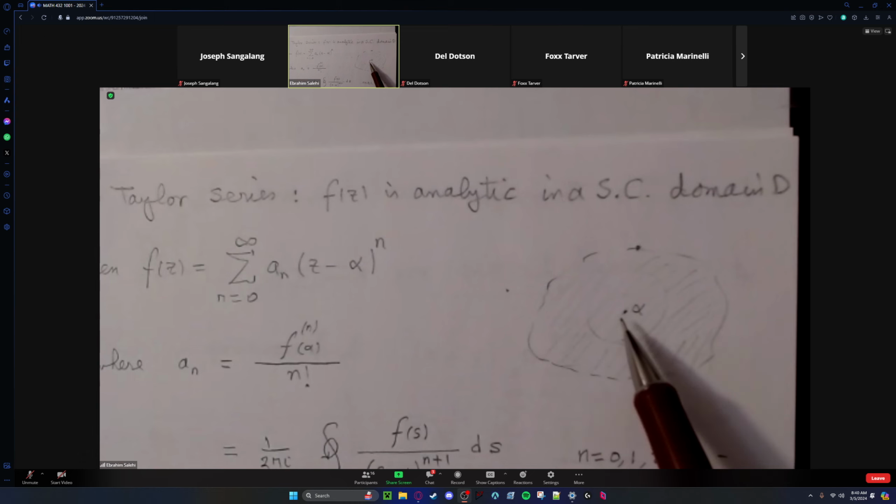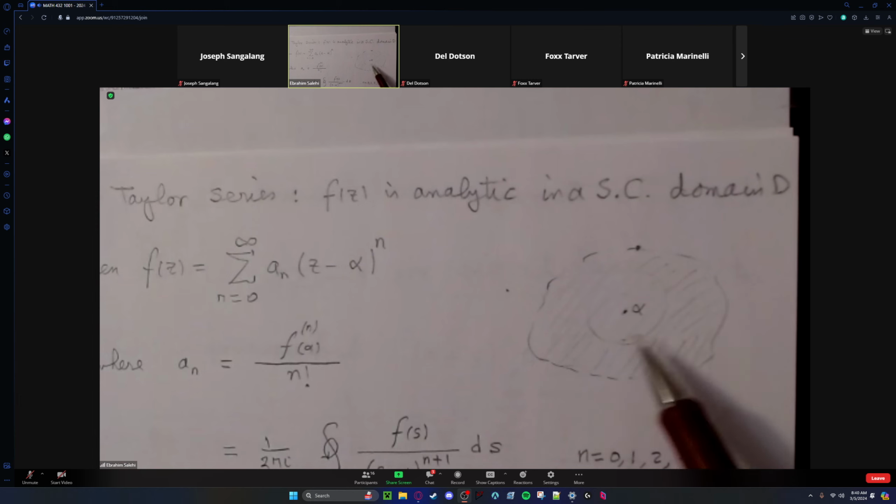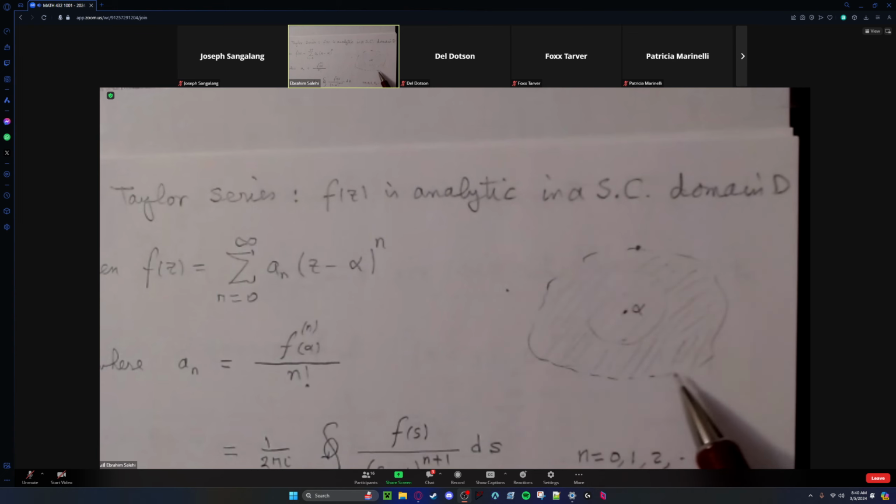The function is a beautiful function, has derivative everywhere. And the domain is simply connected. Simply connected means it doesn't have any hole. And you know, we created those holes when we have a bad point.